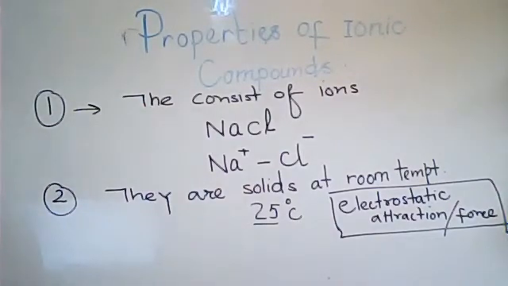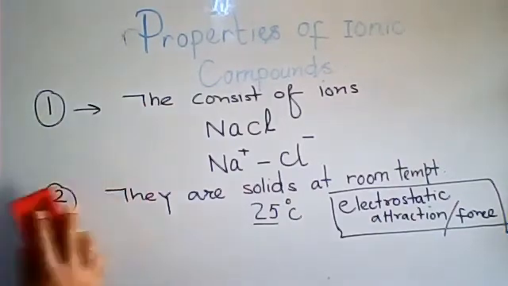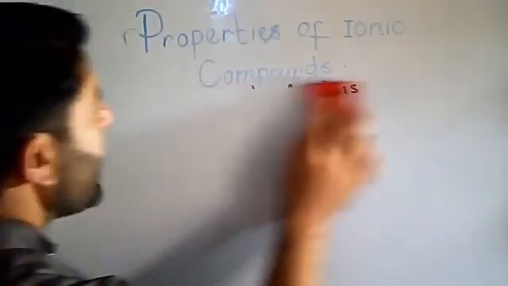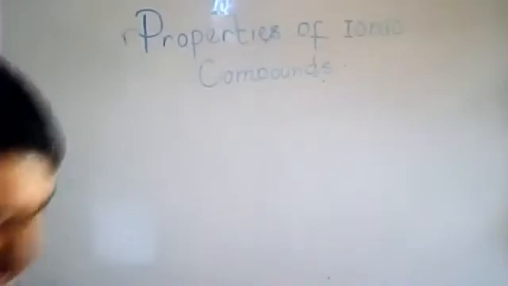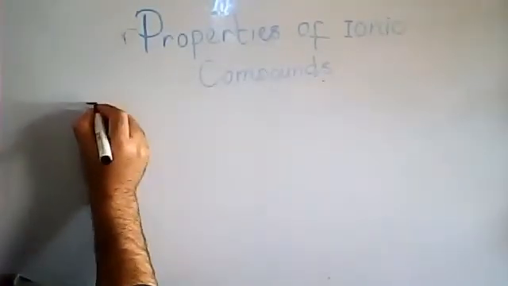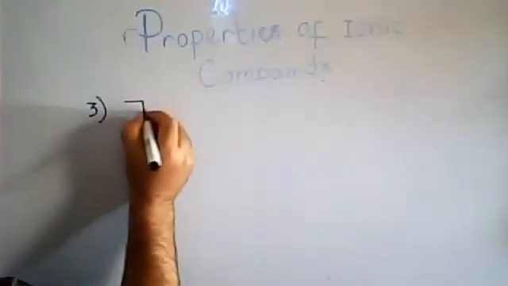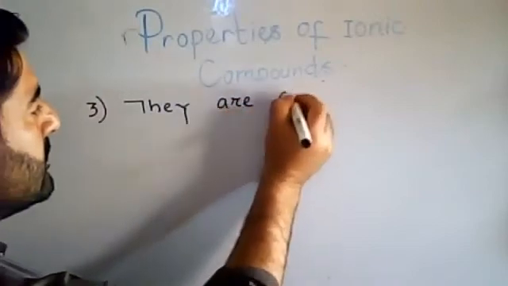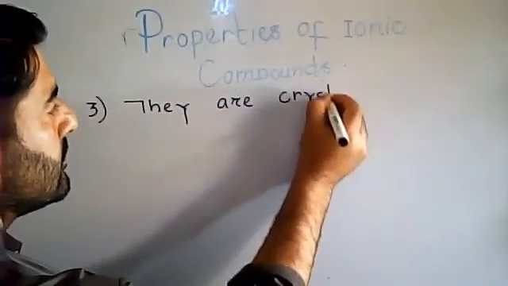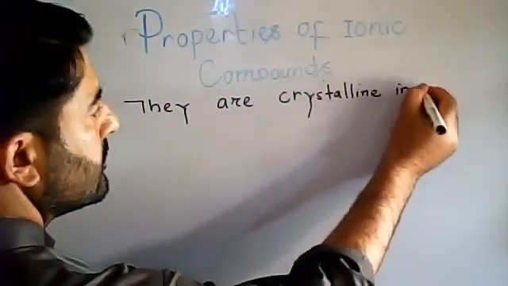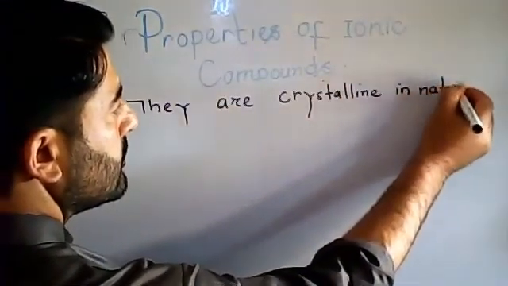Third property of these ionic compounds, that is, they are crystalline in nature. Or we can say these ionic compounds are crystalline. So we'll write here, property number 3, they are crystalline.